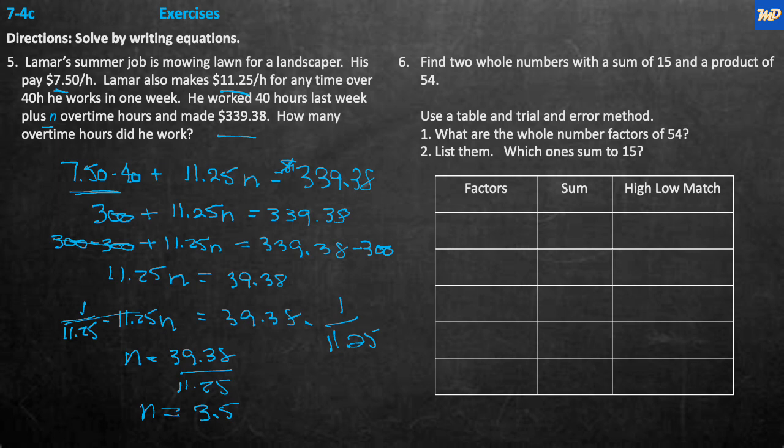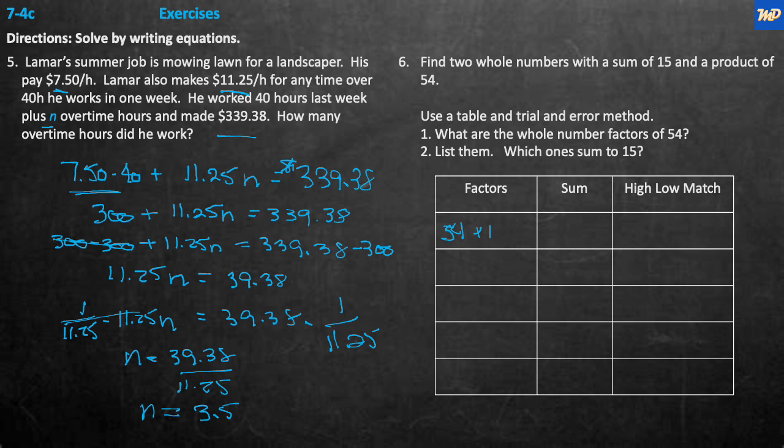Well, we can use a table to solve this. We can put in some samples and figure it out. It says use the table and trial and error method. So list out, it says, what are the whole number factors of 54? And then list them and the sums. So what are the whole number factors of 54? So we have 54 times 1.